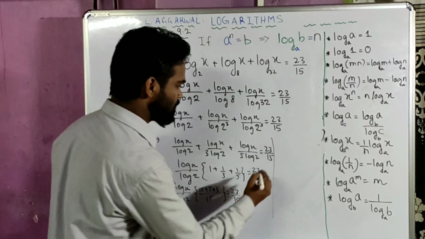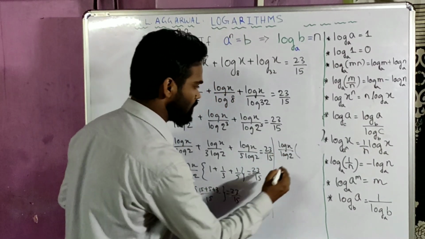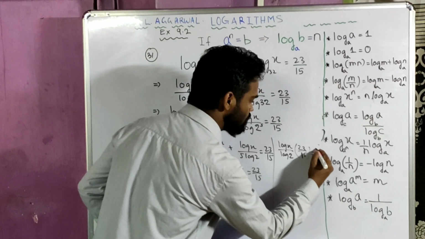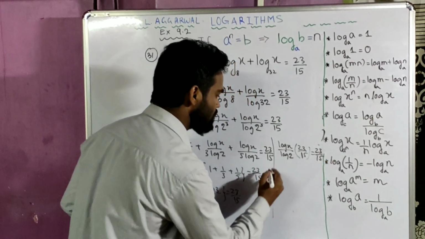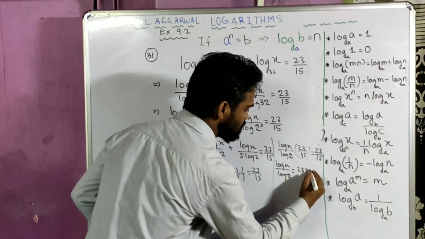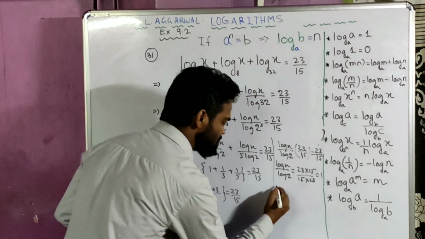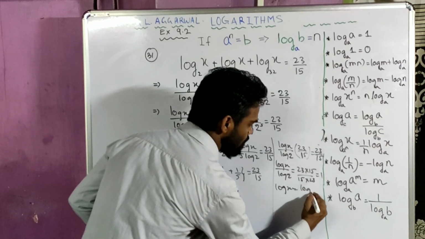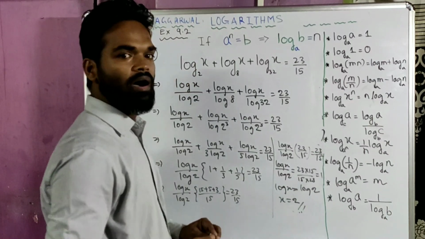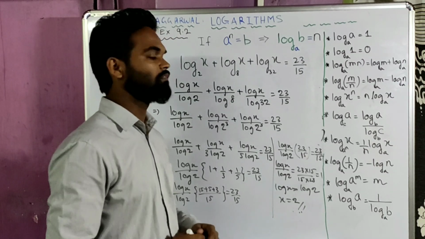Now this becomes log x by log 2 times 23 by 15, isn't it? And this is equal to 23 by 15. So log x by log 2 equals 23 into 15 by 15 into 23, which is equal to 1, which means we can say log x equals log 2, which means x equals 2. And that's my answer. Clear? Now this was the last sum for this chapter.